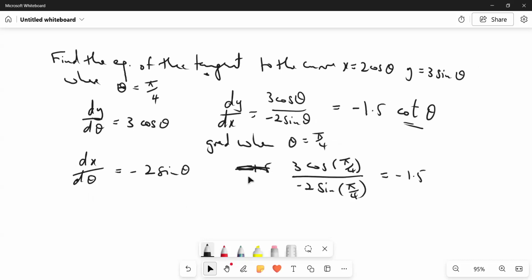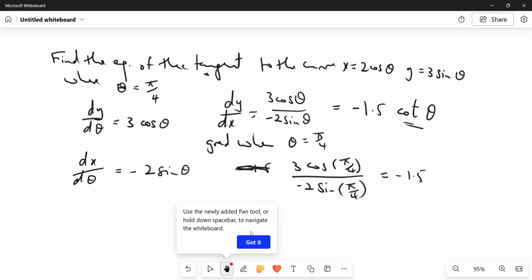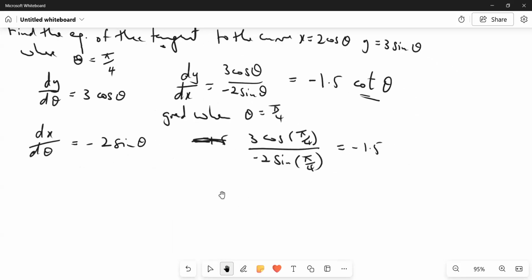Your next move is to find, remember, for you to get the equation of the tangent, you got to get a point on this curve. And that point you can find from substituting theta equals pi over 4 in the equations.